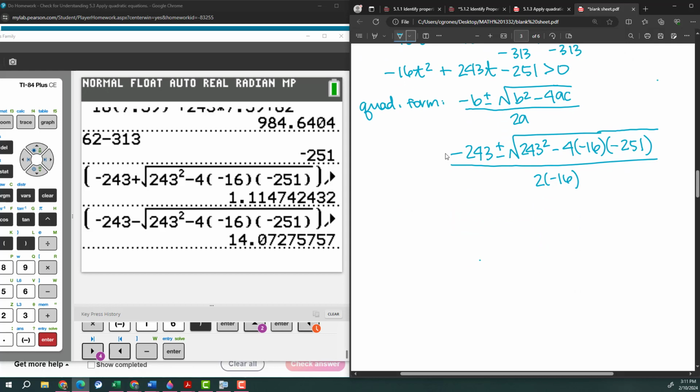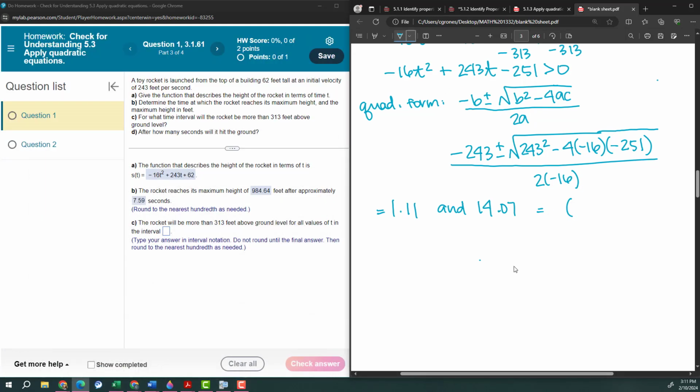So I get 1.11 and 14.07. When you enter this into Pearson, you're going to put it into parentheses because it wants it as an interval. So it would just be 1.11 comma 14.07.